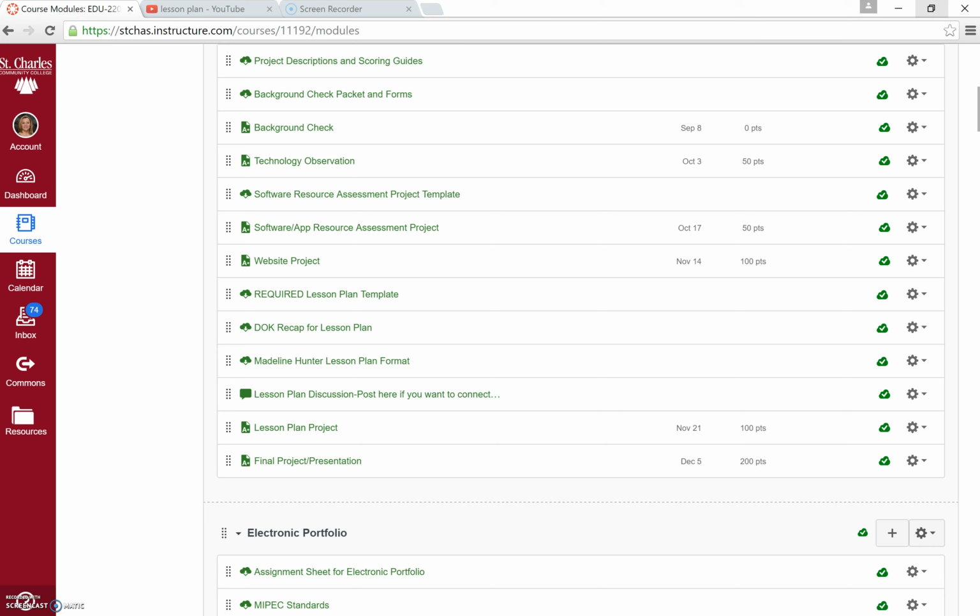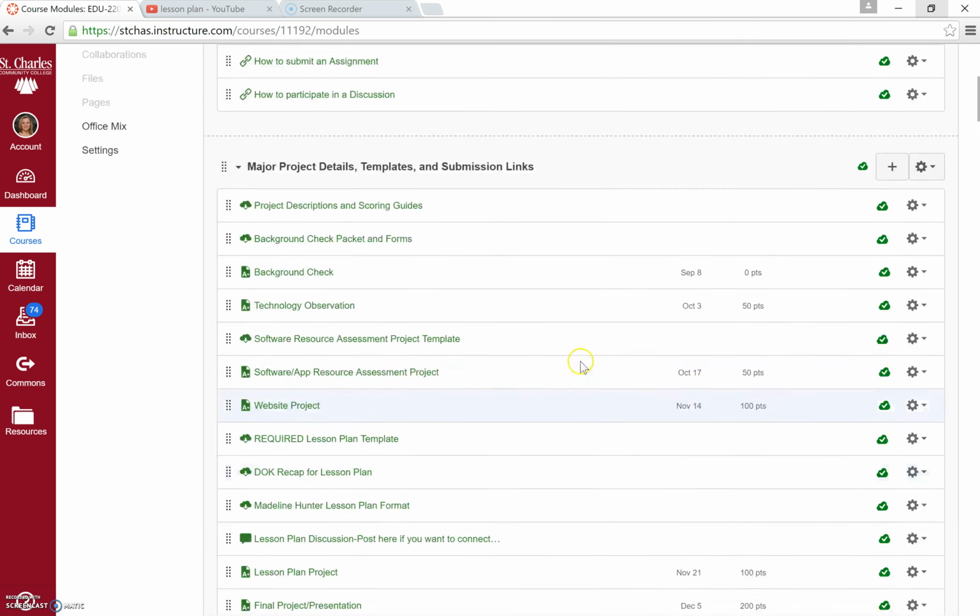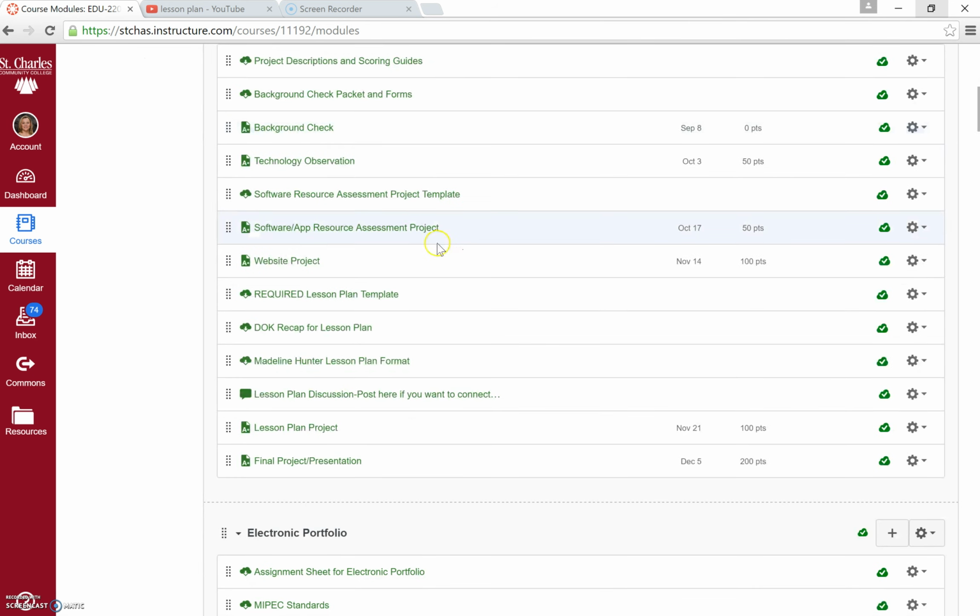So the first thing that I want to direct you to is the major projects module on your Canvas site. You'll notice that there are several things as it pertains to the lesson plan. There is the required lesson plan template. This is the MOPTA template that you're required to use. Information on the DOK, which you should have in your lesson plan book from Foundations of Education, but just a little recap on that in case you need a refresher.